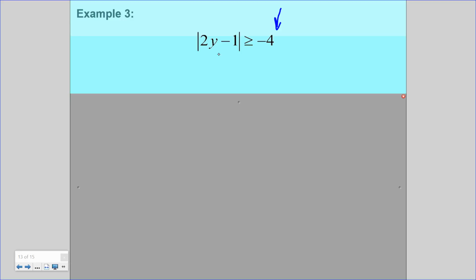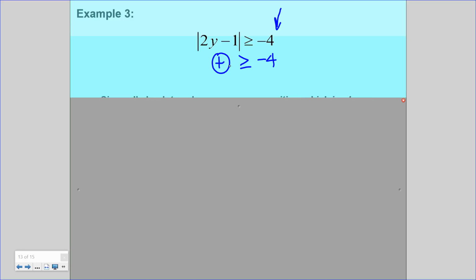We know that an absolute value is always a positive value. So here we've got a positive, whatever 2y minus 1 is, when we take the absolute value of it, it will be positive. And we're saying this positive should be greater than or equal to negative 4. Well, you could certainly solve this.